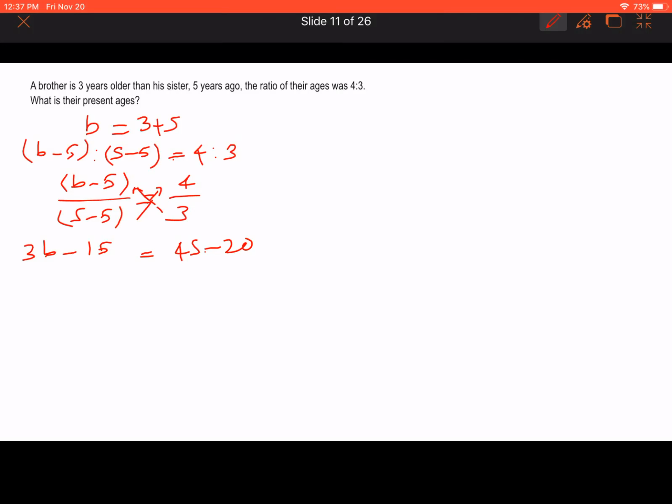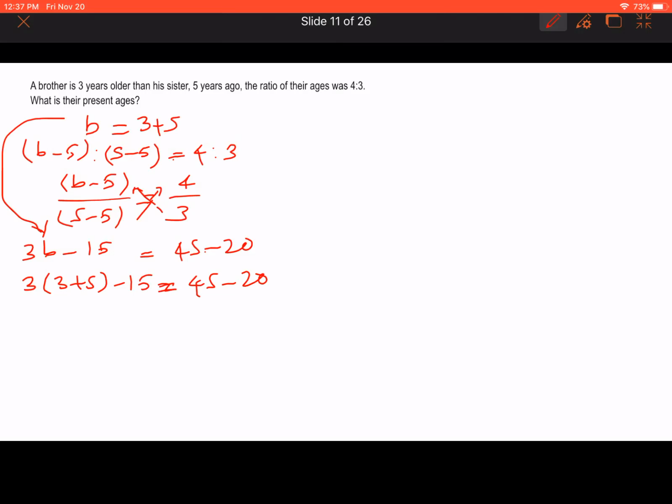Now I am substituting this equation here, okay. So it becomes 3 into (3 plus s) minus 15 equals 4s minus 20.